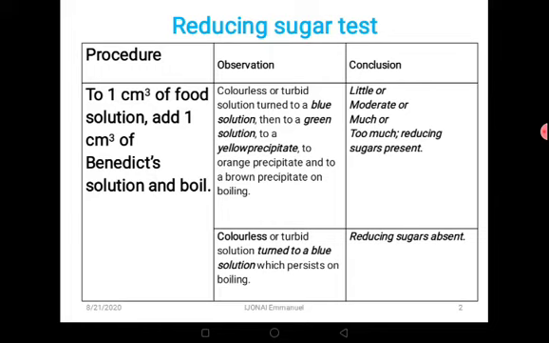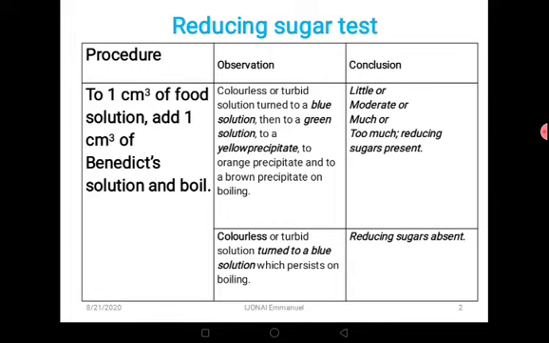What about if the test is negative? A colorless solution or a turbid solution turned to a blue solution, which persists on boiling. So if a solution turned to a blue solution on addition of Benedict's solution, and then on boiling it remained blue, it means reducing sugars are absent.